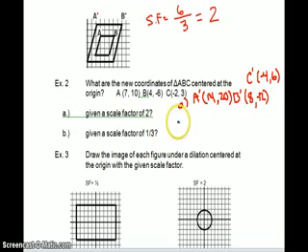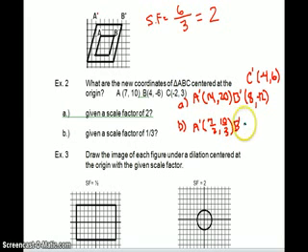The answer to B down here is a scale factor of 1/3. So these are all going to be 1/3 as far as these. So we're just going to divide all these by 3. So this one, A prime, is going to be 7 over 3 and 10 over 3. B prime is 4 over 3, and negative 6 over 3 was just negative 2.